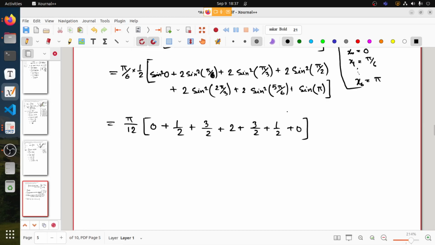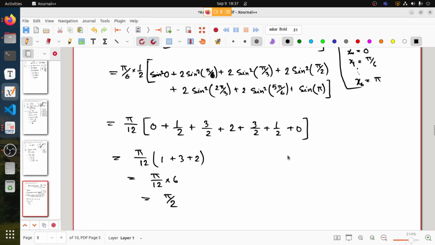So if you put this value, you will get this. Now we will do this calculation, what will it be? It will be 1 plus 3 plus 2, so pi by 6, pi by 12 into 6, which means pi by 2.